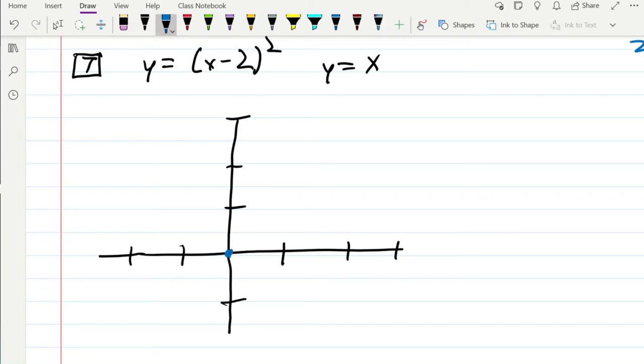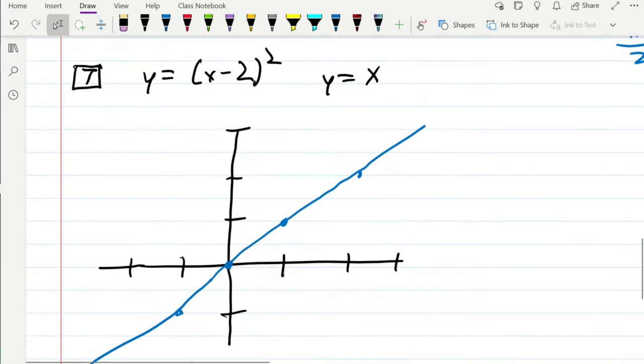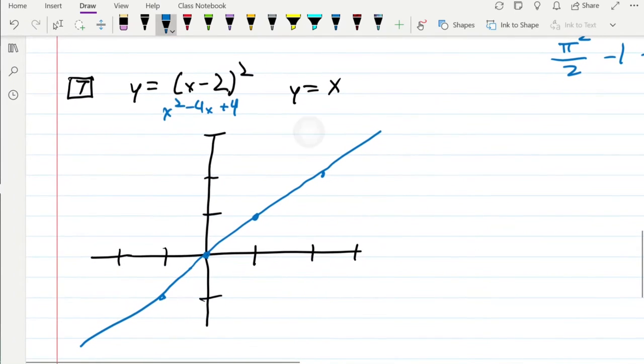So for y equals x, it's just going to go up by 1 each time. Then y equals x minus 2 squared, that'll be x squared minus 4x plus 4. Which means when x equals 0, it's going to start up here at 4.